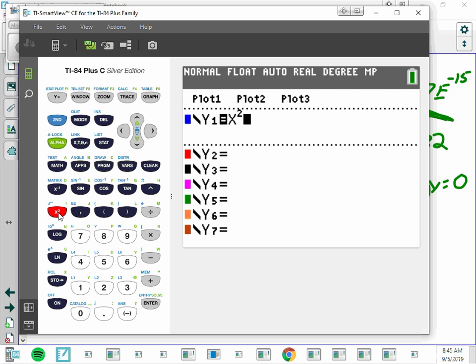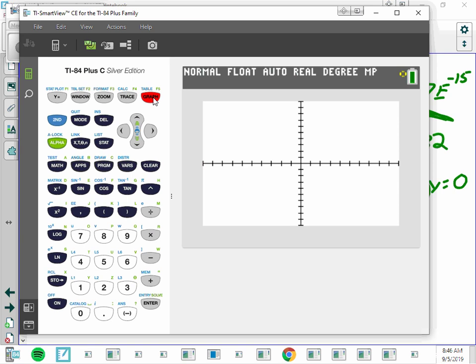X squared minus 4x plus 5. Push graph. What are the roots? Okay, we have to be careful. We can't say there are no roots. There are no real roots. Every quadratic has 2 roots, but if the graph misses the x-axis, then the roots are imaginary.